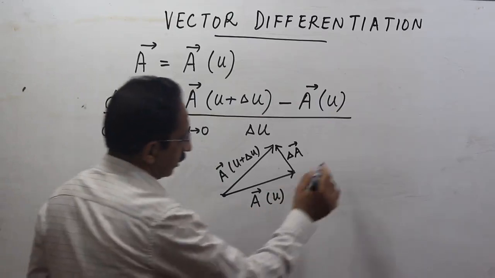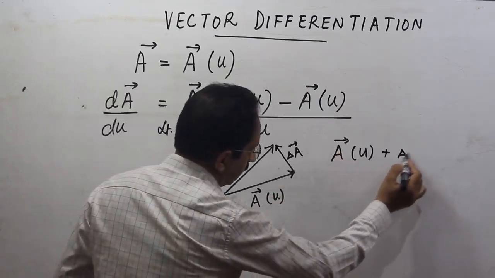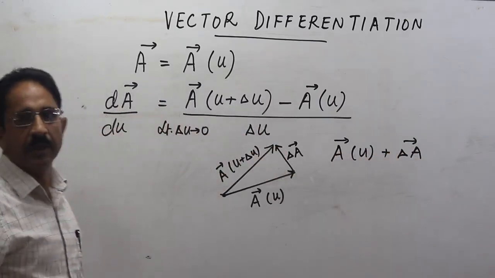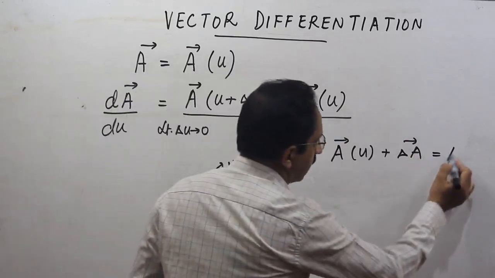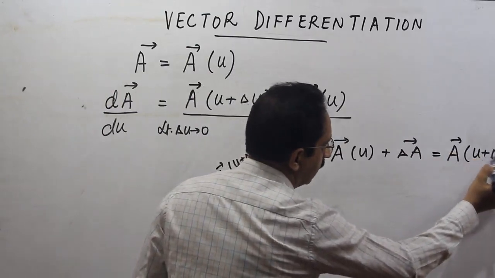So if we use the triangle law here, I get A of u plus delta A, two sides of the triangle being arranged in the same sense, is equal to the closing side. The closing side is A of u plus delta u.